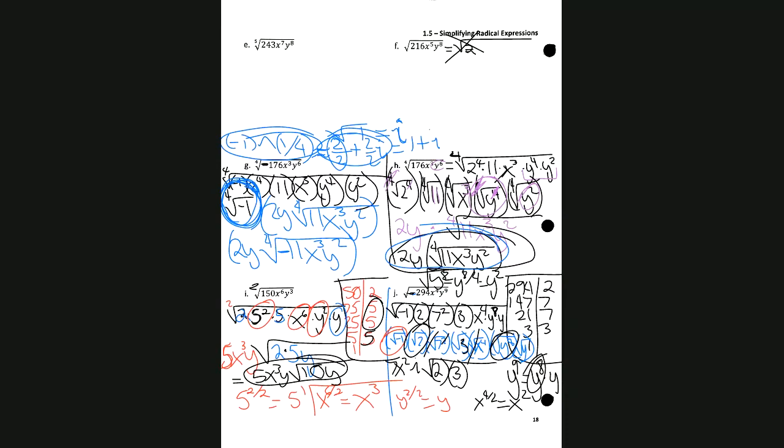So that will also come outside, and that will be here. And then finally, for this one, it will remain inside the radical. So the final answer to this problem is going to be 7x squared y to the 4th times i times the square root of 6 times y. And that's it. This is the end of the video.